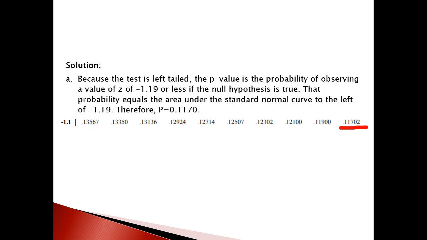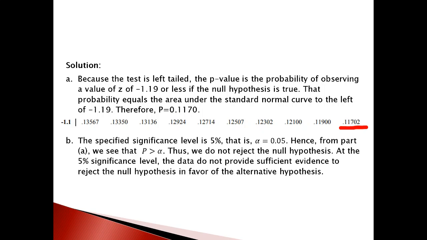Now, is this p-value less than or equal to alpha? No, because alpha here is 5%, which means 0.05. If you compare these two values, of course this p-value 0.11702 is greater than alpha, which means we do not reject the null hypothesis.